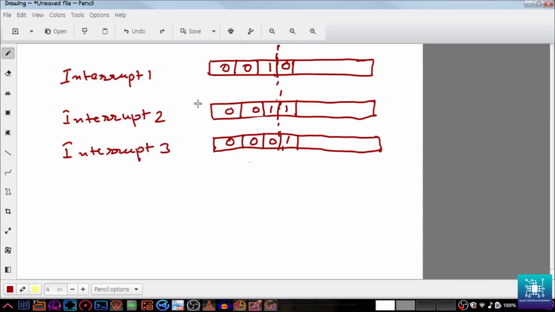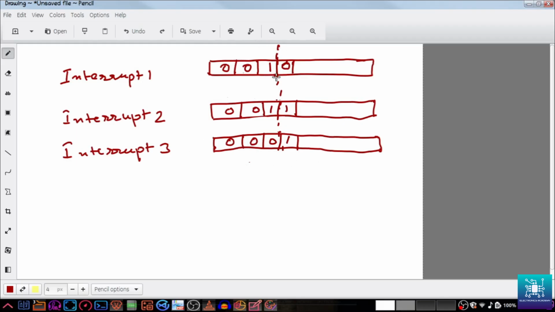Now let's take the same 3 interrupts. If we take all 4 bits as a group priority, this has a priority of 2, this has a priority of 3, and this has a priority of 1.